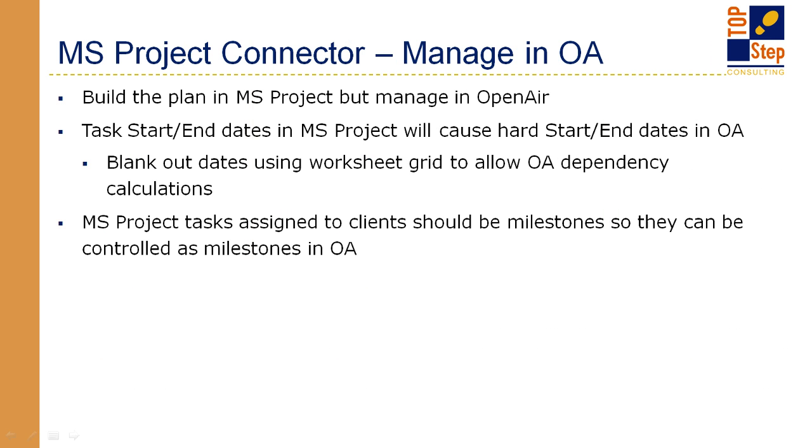So if you're managing your project and your tasks in OpenAir, what you're going to want to keep in mind is that start and end dates in Microsoft Project will cause what's called a hard start and end date in OpenAir.